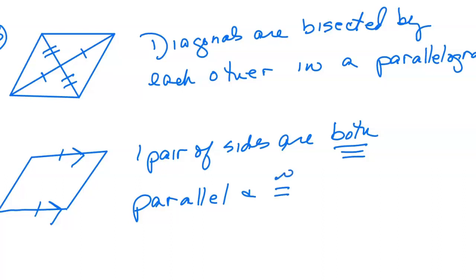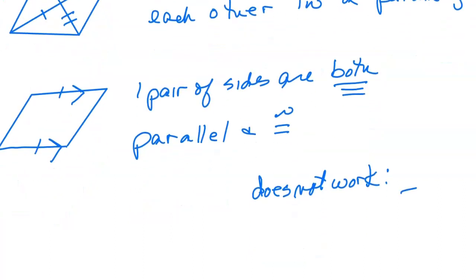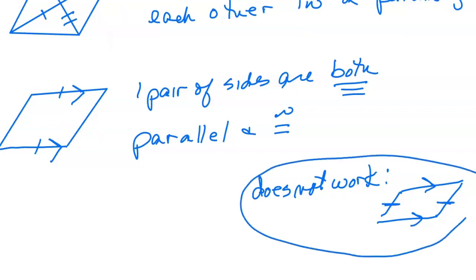This does not work if you have this scenario. You can't have this, but you have one pair parallel and one pair congruent. So remember, this does not work. So I'm going to say note, that does not work.